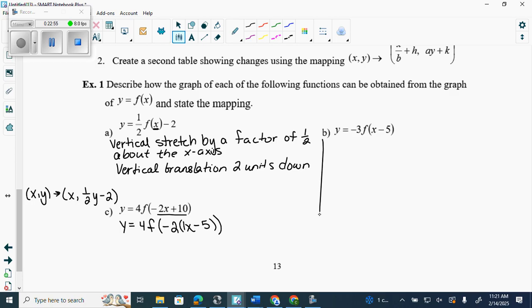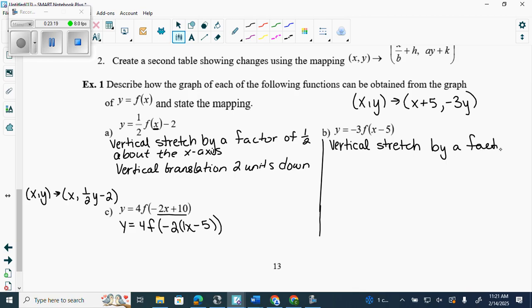And then this one, my mapping would be x, y, becomes my x is the opposite, so the x plus 5, and then -3y. And then for words, it would be a vertical stretch. Stretches are never negative, by the way. So watch yourself when you put negatives, because that's a reflection. Vertical stretch by a factor of, vertical never changes, 3.